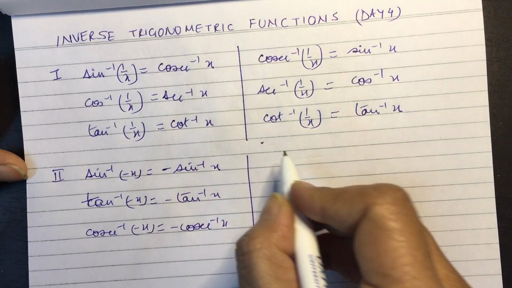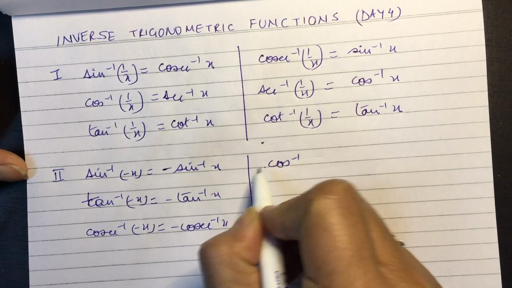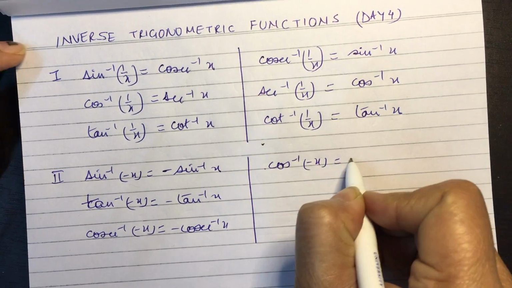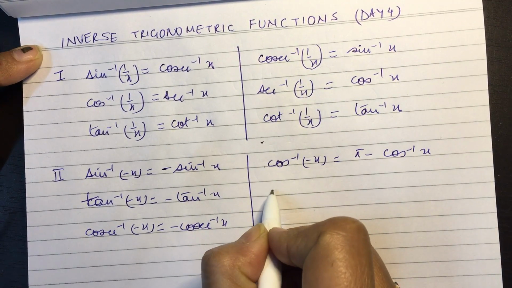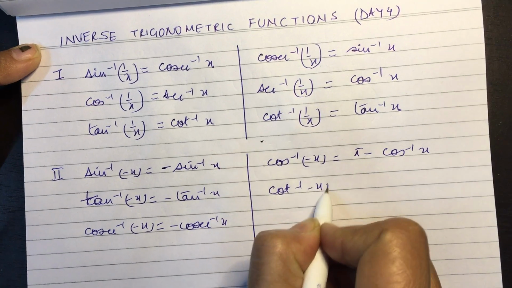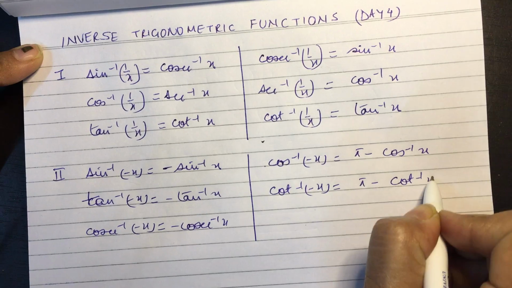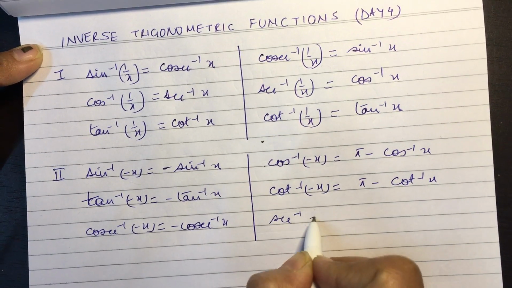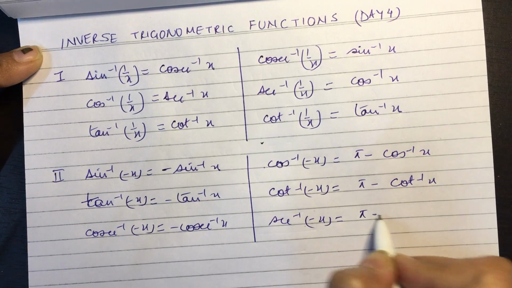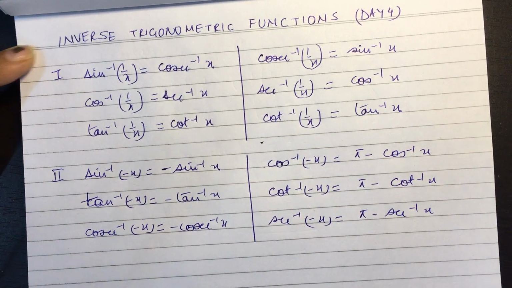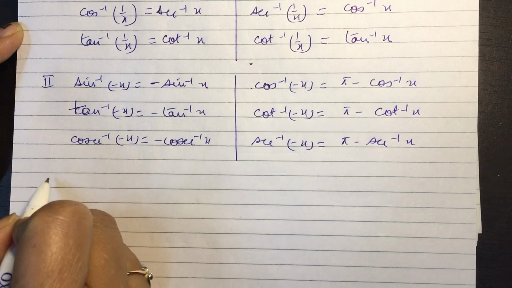And the next set is cos inverse minus x is pi minus cos inverse x, cot inverse minus x is pi minus cot inverse x, and sec inverse minus x is equal to pi minus sec inverse x.